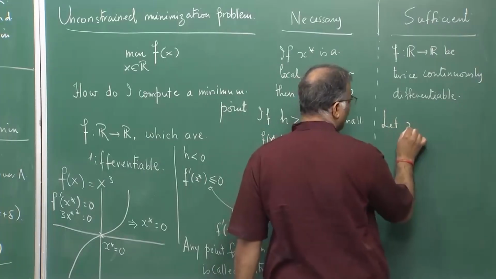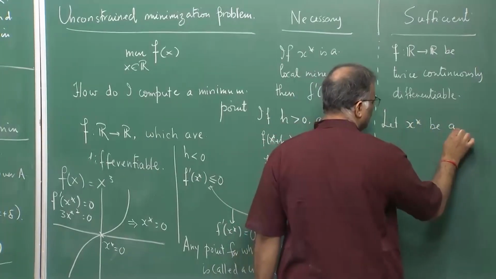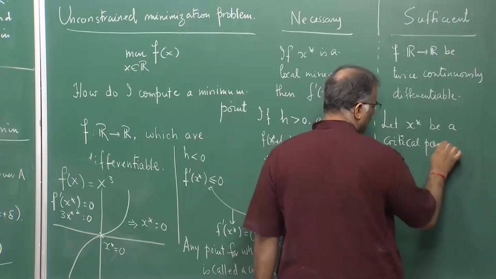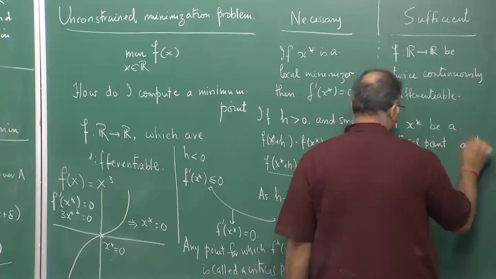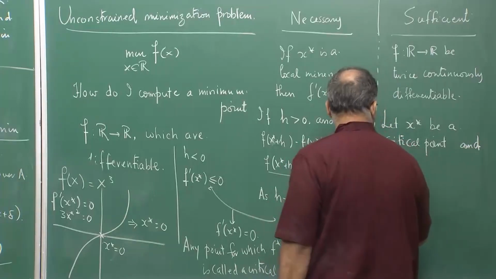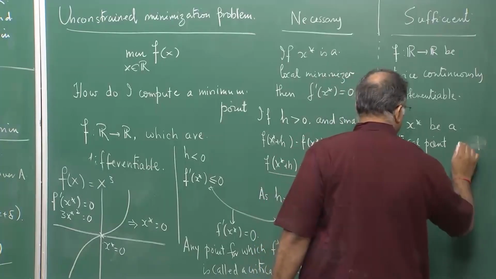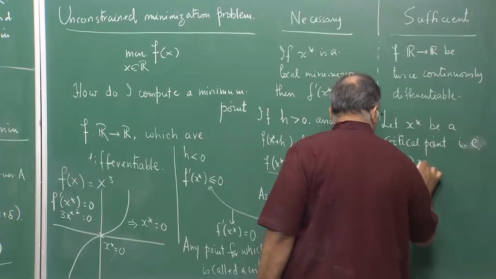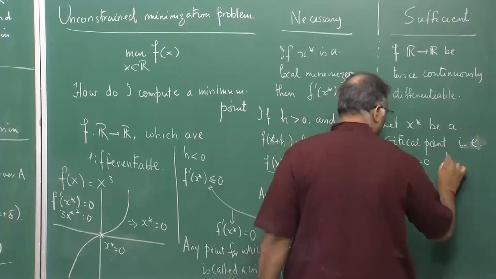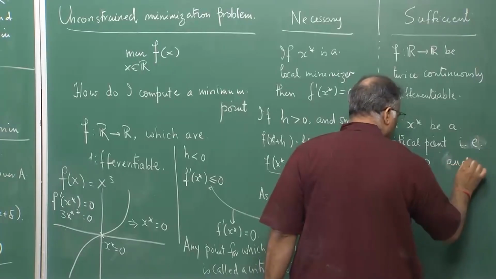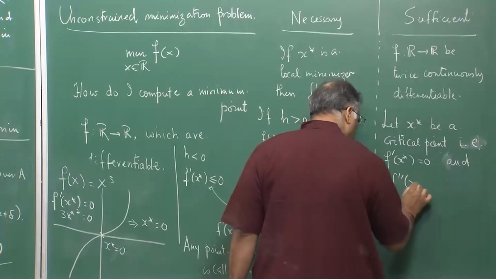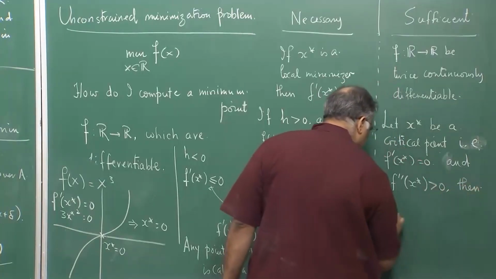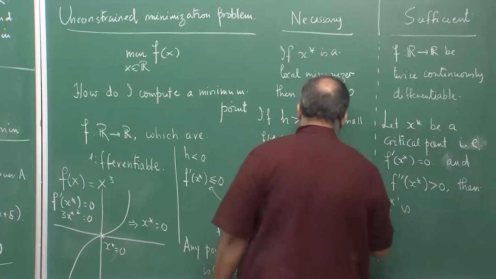Let x star be a critical point, that is, f dash x star equal to 0, and f double dash of x star is strictly greater than 0, then x star is a strict local minimizer.